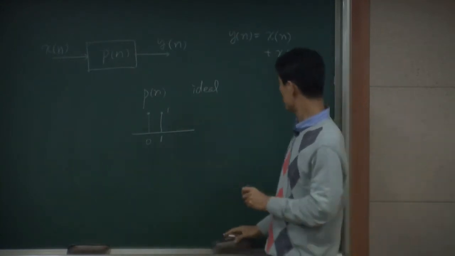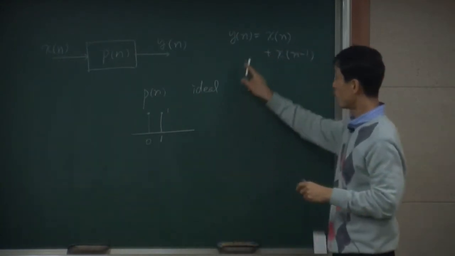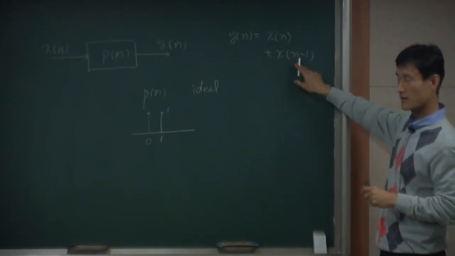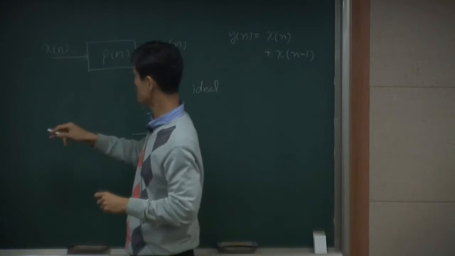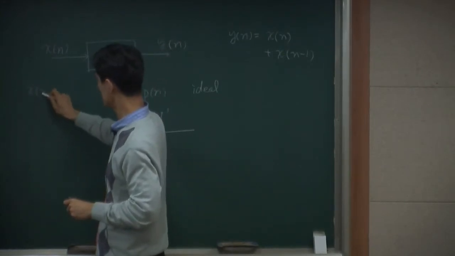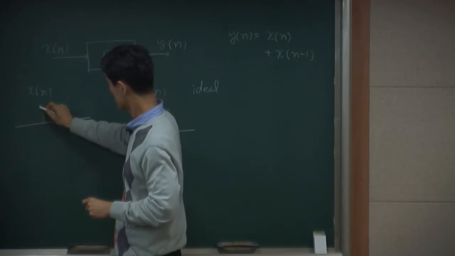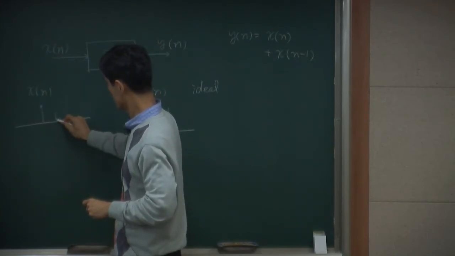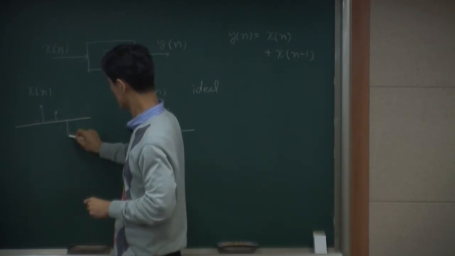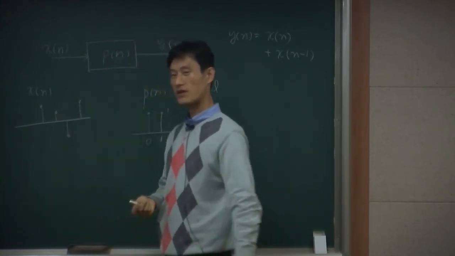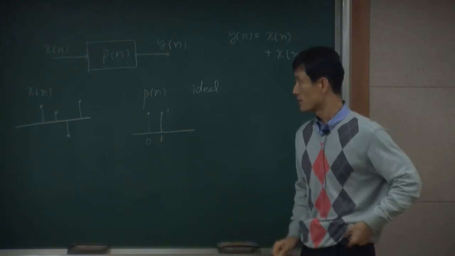Now let's think about this case. Yn equals xn plus xn minus 1. Let's bring up some xn, just as an example here. Let's say this is our xn.